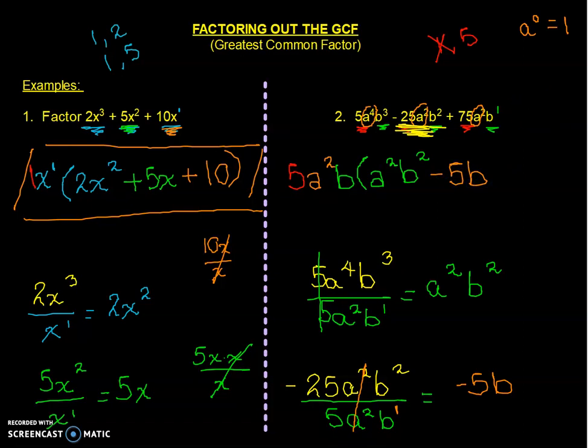And final term, I have 75a squared b to the first power. I'm also out of room. 75a squared b to the first power over 5a squared b. So again, I have 75 divided by 5, which would give me positive 15.